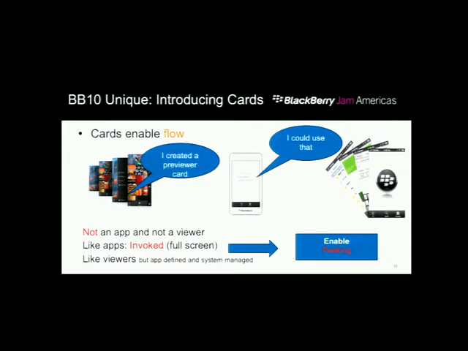That card is essentially a way to access features of that application. Another application can come along and say, I want to use the picture previewer card, the media previewer card, or another card. Cards are really not an application, because they don't run in a separate process.